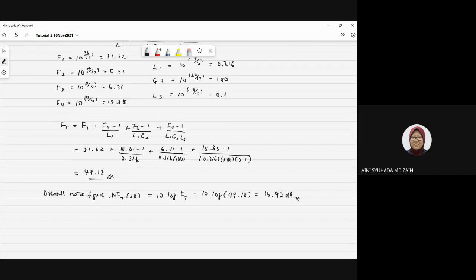So some other related question about the noise temperature. You remember this, the noise temperature?